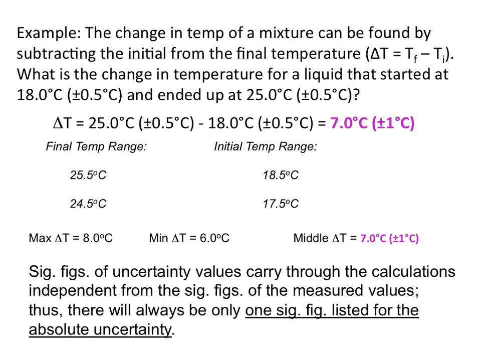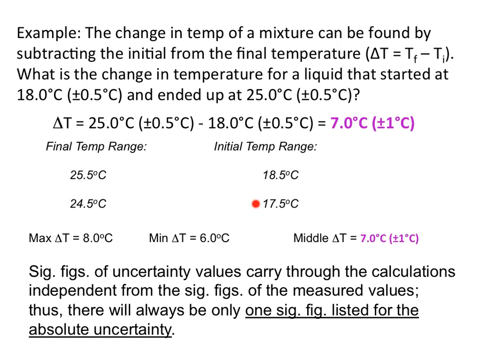Looking a little bit at how this rule works. If we look at our final temperature range, to say it's 25.0 degrees Celsius plus or minus half a degree Celsius means our final temperature is going to fall somewhere between 24.5 degrees Celsius and 25.5 degrees Celsius.